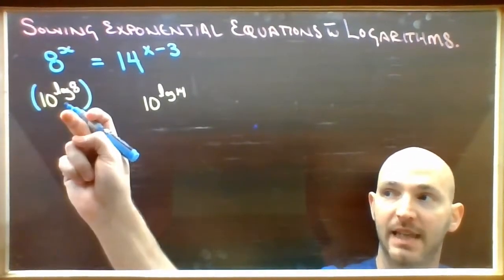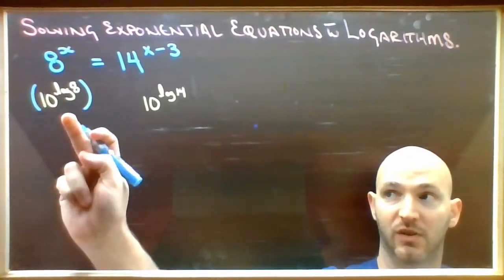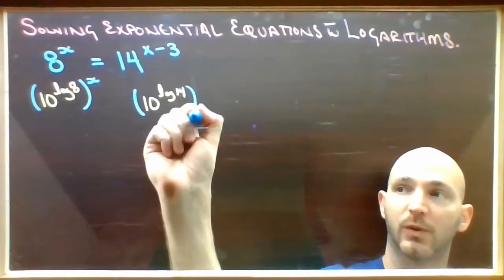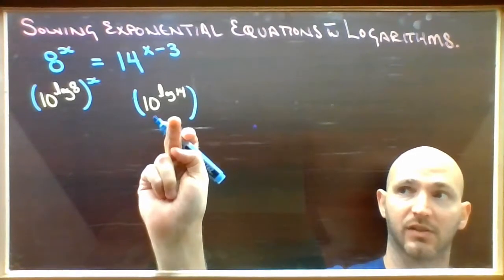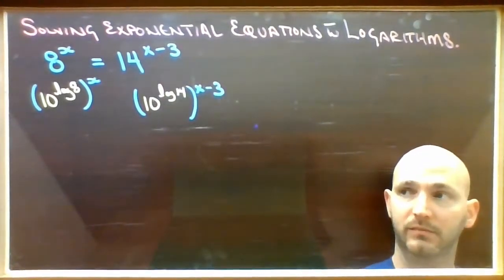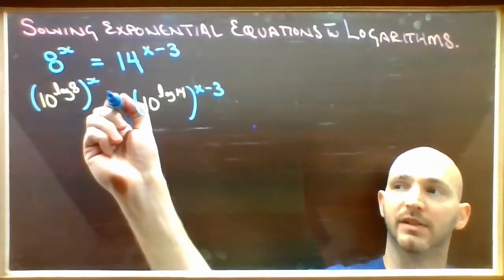So I've replaced the 8 with this funny little structure, still to the exponent x. And I've changed the 14 to this funny structure, but there's still an exponent x minus 3. And they're still equal to each other.